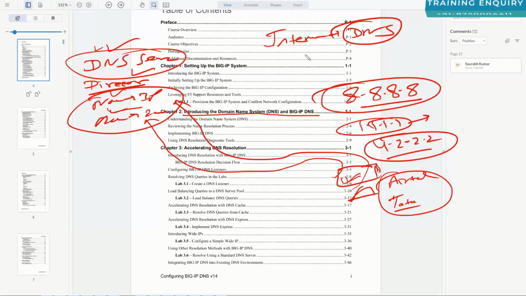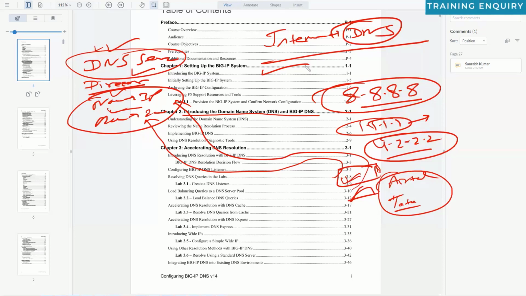So what is the sequence of events? The system will first check the host file. If the host file doesn't have the entry, then it will go to the DNS server. Exactly, right. That's from a local machine point of view. Forget about the host file, Sanjay, because the host file is by default empty. But the point is that first it is going to check the host file.